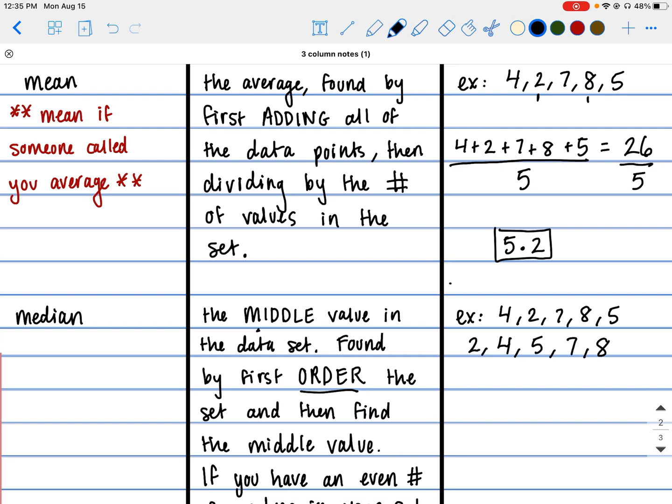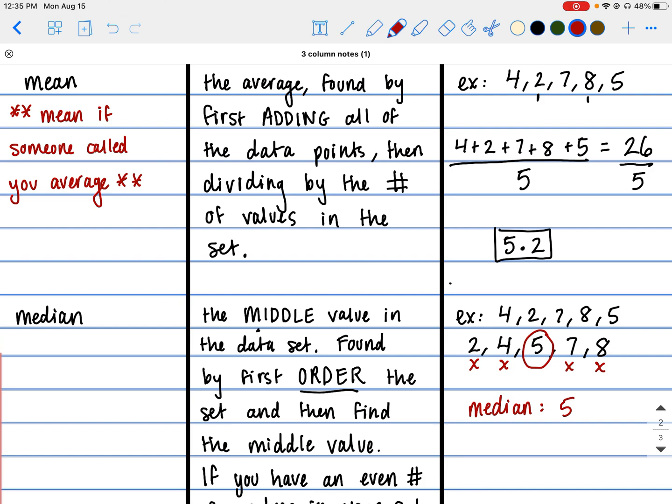All right, now that these are in order, all I have to do is simply find the middle. If there's an odd number of values in the set, there'll be one directly in the middle. If there's even, then we need to find the average of the two middle values. So I'm going to show you. You can just count off from each side. You can go 1, 1, 2, 2 until you find the one directly in the middle. So in this case, the median is going to be 5. See how easy that is?